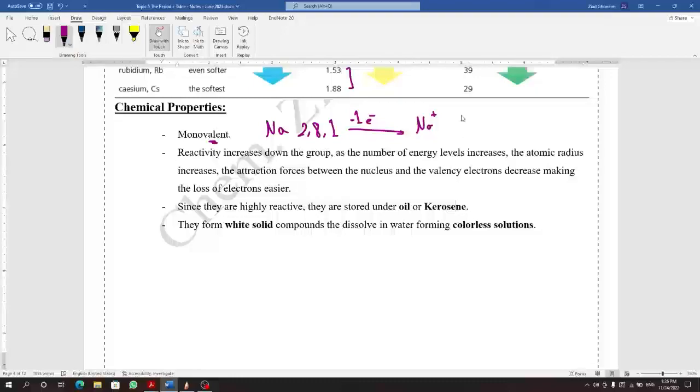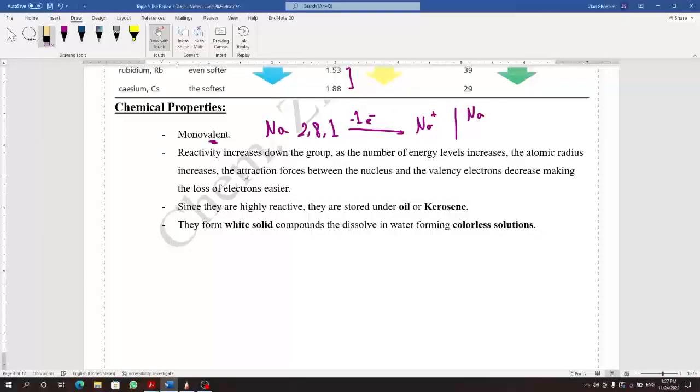Monoatomic, on the other hand, means that the atom in nature exists as a single atom, right? A diatomic molecule like hydrogen, for example, exists as two atoms bonded together, as we will talk about in the non-metals. So that's the difference between monoatomic and diatomic.